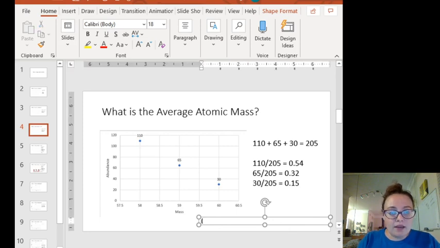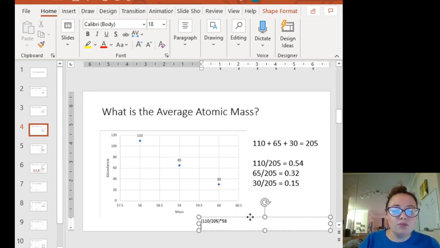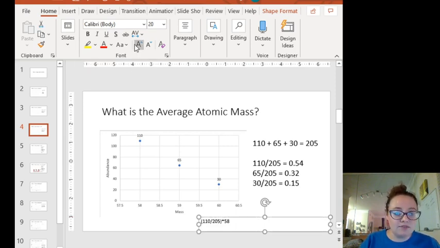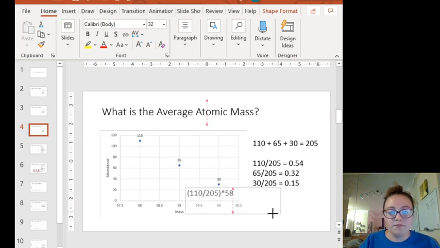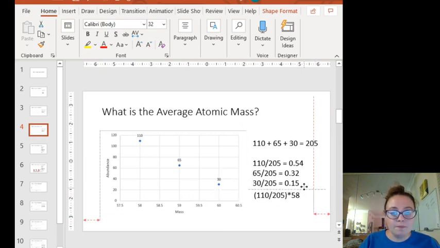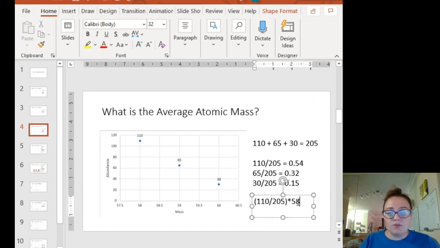So when I have 110 divided by 205, my abundance value there is 110. So the mass that goes with it is 58. So we'll do times 58. We have 2 more abundance values and 2 more mass values that we have to worry about. So we have to do it 2 more times.